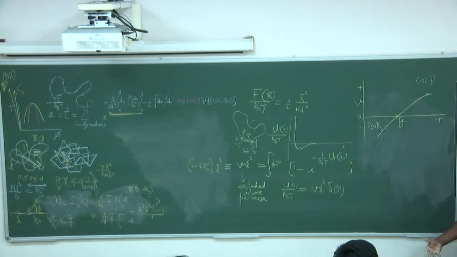So therefore, what I will do here is I will write this term to be minus, forget about the sequence for the time being, integral ds 0 to n, ds prime 0 to n, this V would be V L cubed delta of R s minus R s prime. Okay.